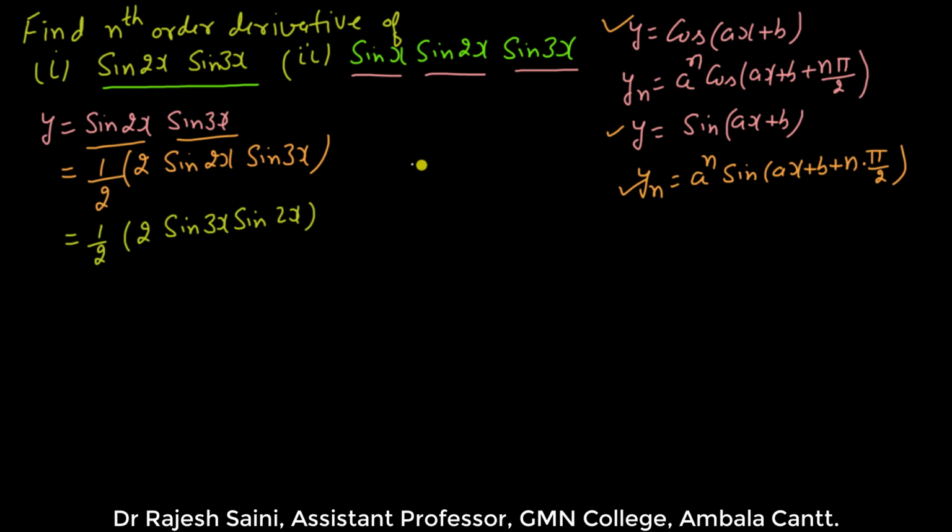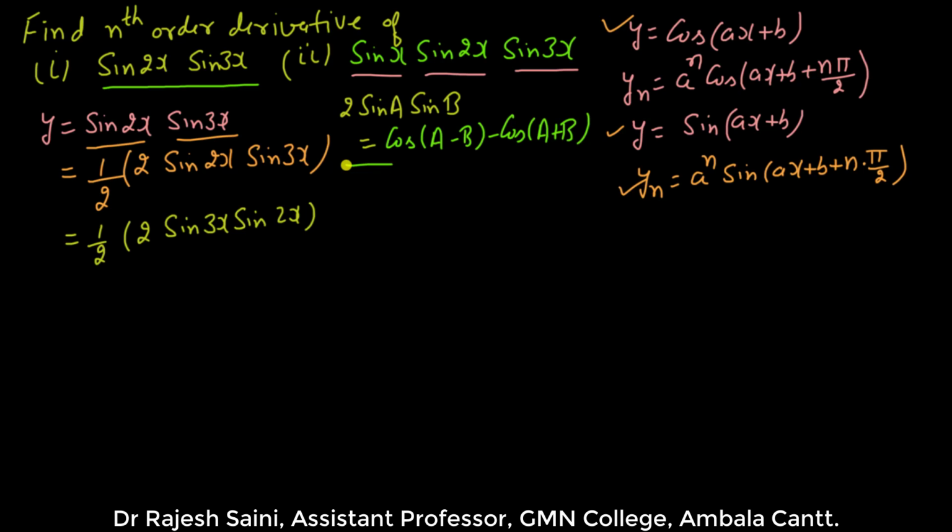We know 2 sin a sin b is equal to cos(a minus b) minus cos(a plus b).